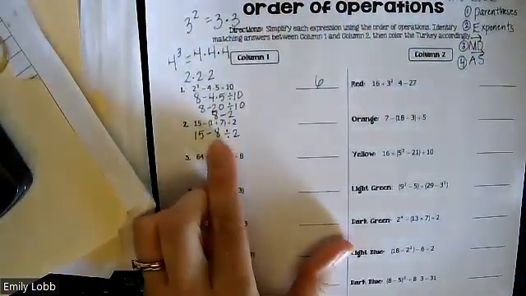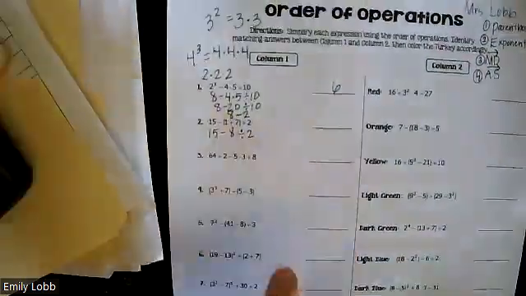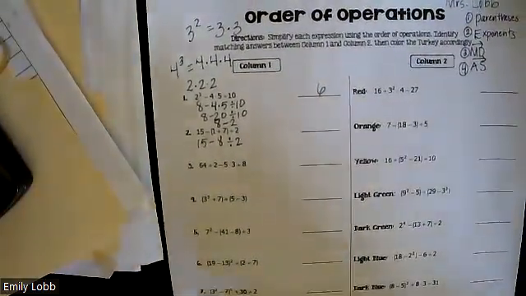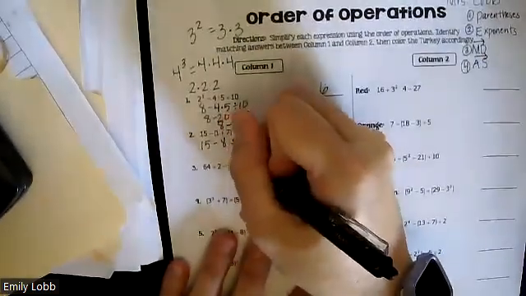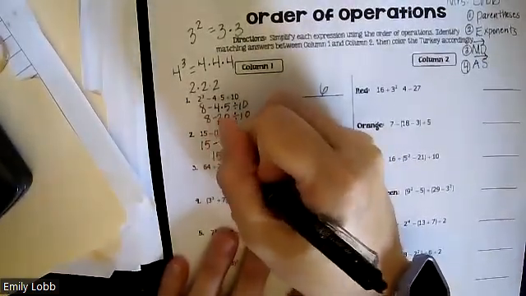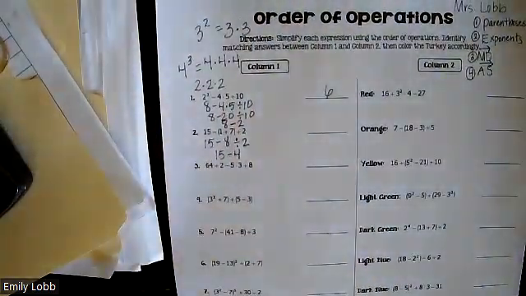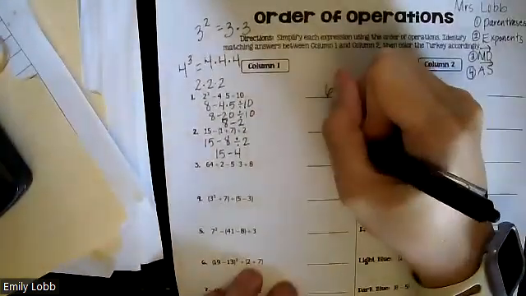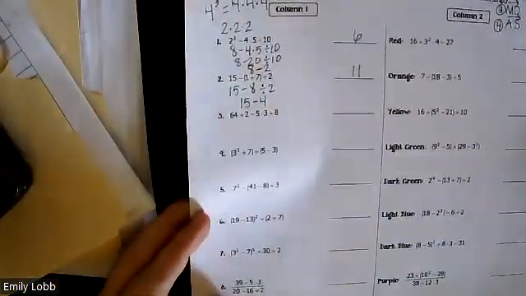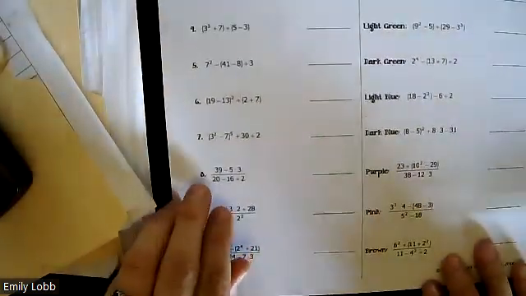Well, I have division, so I need to do that now. What's 8 divided by 2? 4. What's 15 minus 4? 11. So far, so good. So these are going to get a little bit more challenging as we go here. Okay, so let's look at something like number 7.